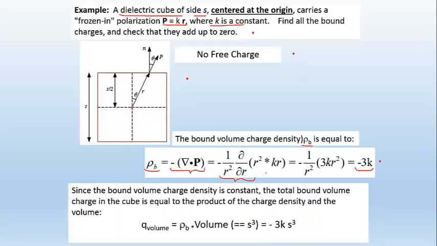Since the bound charge is constant, then the total bound charge will be equal to the volume of the cube times the charge density. So this would be the Q inside the volume, the bound charge inside, equal to rho sub b times the volume. Well, the volume is just s cubed, and so the total charge inside is minus 3k s cubed, and that's the bound charge.